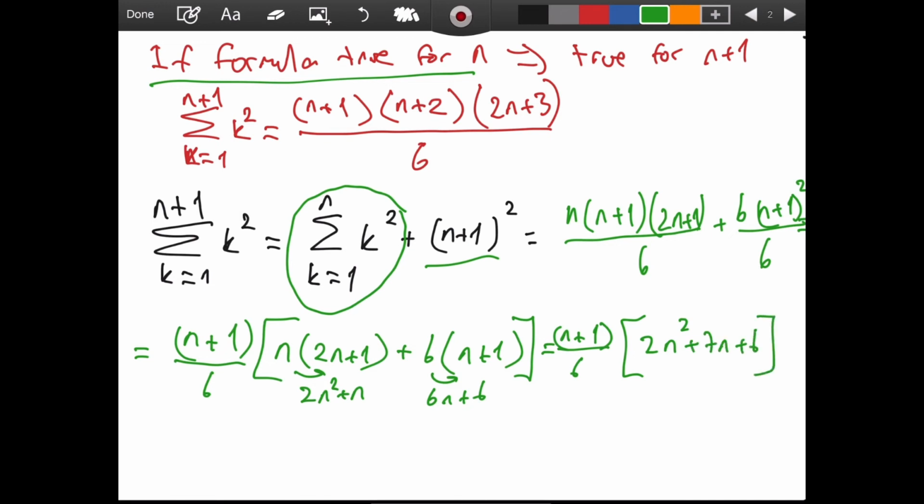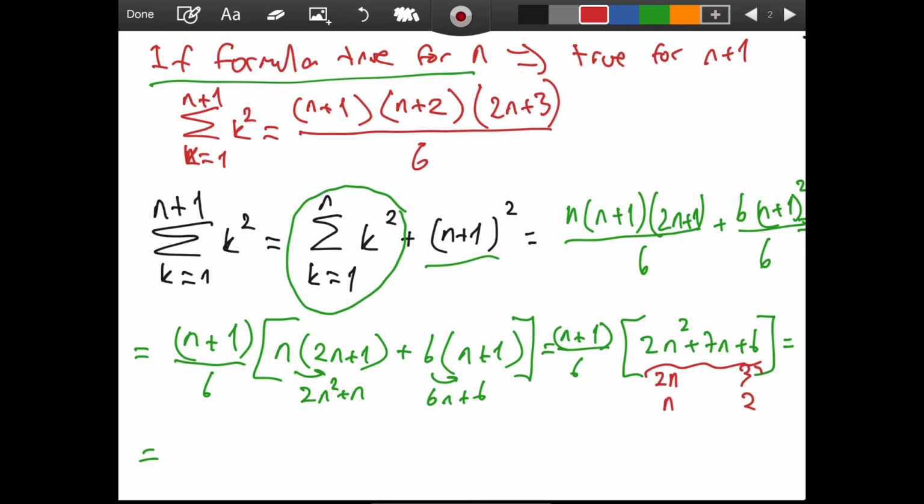Great. And now I want to factor this part. How can I factor it? Well, if you think a little, you can say this is 2n and maybe a 3 here and a 2 here. And yes, it would work. So let's go with that.